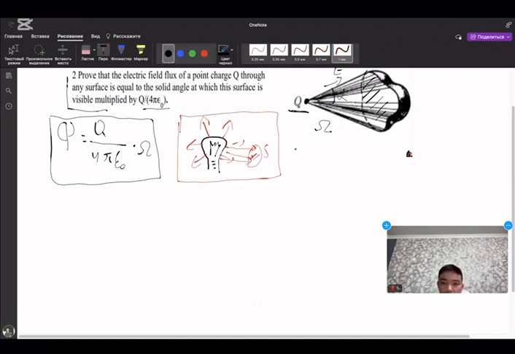In this example, we can say that electric flux works the same way as light, but we can change the light to our charge Q, and we have the electric field coming from the charge. The flux tells us how much of that electric field passes through a surface.